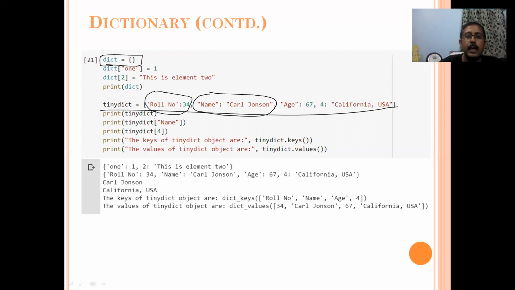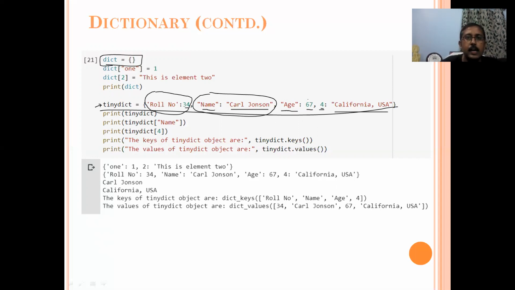For example, here we are creating a dictionary object tinydict, where the first element has the key roll number and a value of 34. The second element has the key name, and the value is Carl Johnson. The third has a key age, and the value is 67. The fourth element has the key 4, and the value is California, USA.